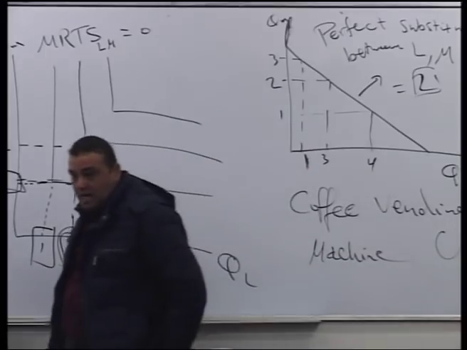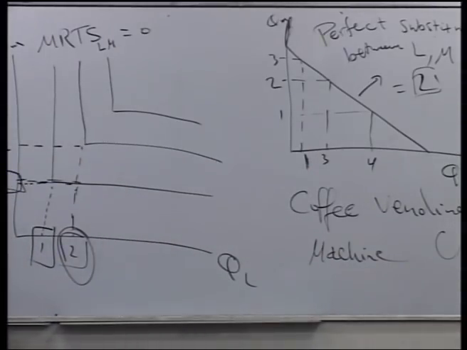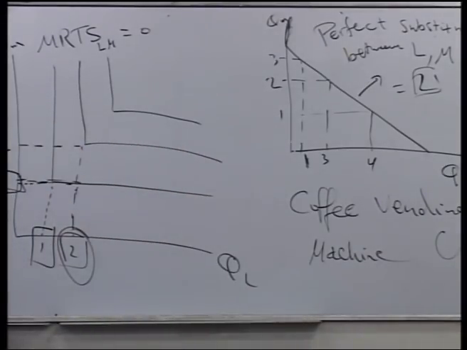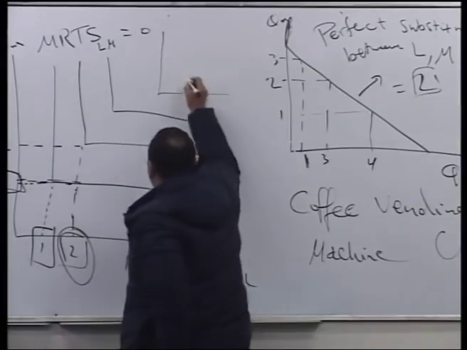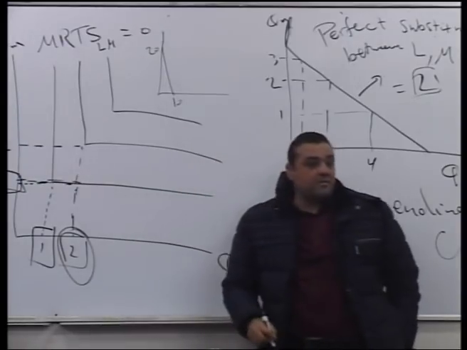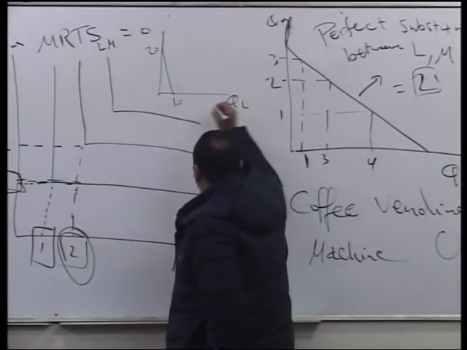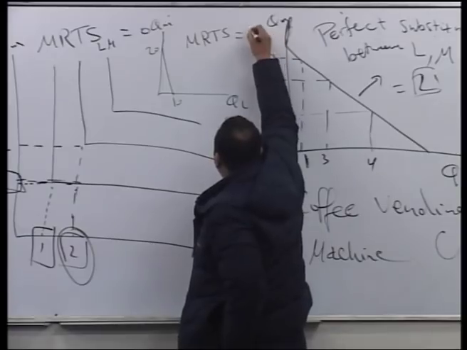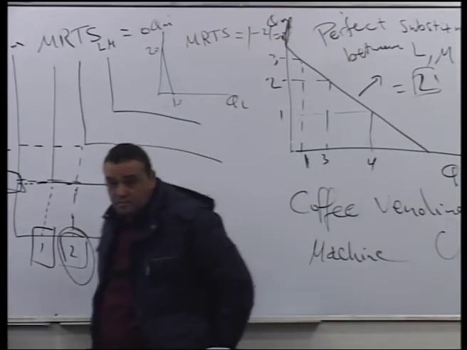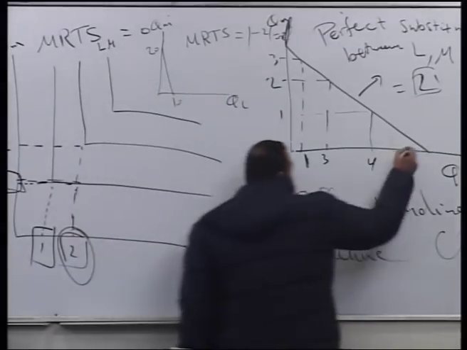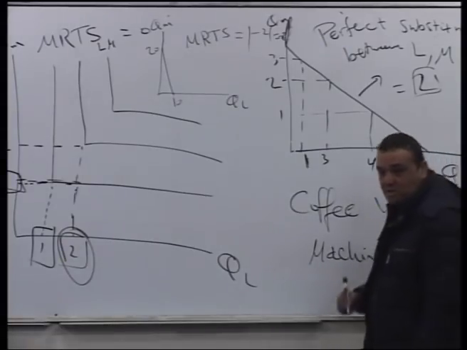It depends on the slope, because the marginal rate of technical substitution is the slope of the isoquant curve. For example, if the isoquant curve goes from 20 to 10, how much is the marginal rate of technical substitution, change in QL over change in QM? It equals 2, absolute value. Assuming perfect substitution, a straight line at a 45 degree angle.